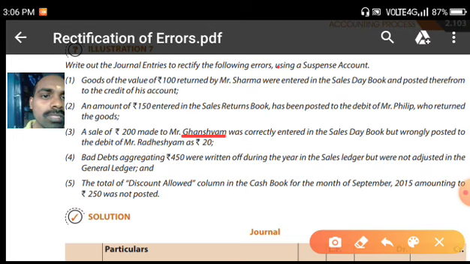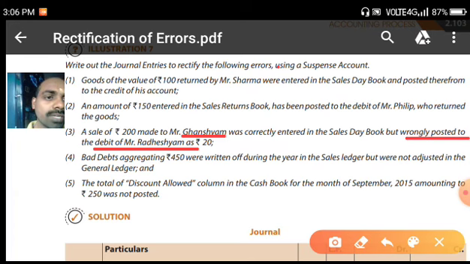But it was wrongly posted to the debit of Radheshyam as rupees 20. You have sold for 200 to Mr. Ghanshyam. When a sale is made, we need to write debtors account, that is Ghanshyam account debit to sales. In the sales book you wrote 200 correctly, but instead of writing in Ghanshyam, you wrote in Radheshyam.